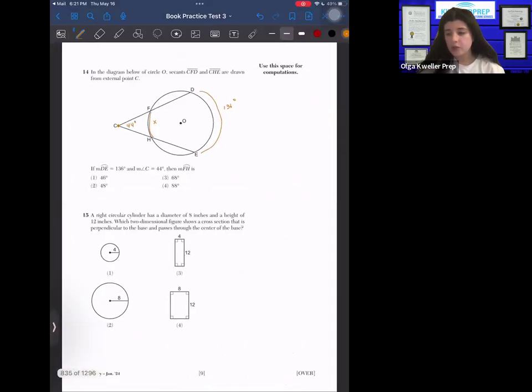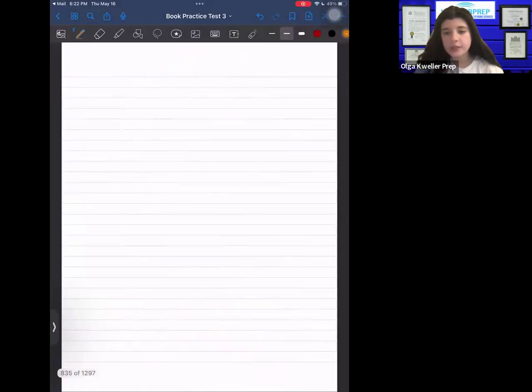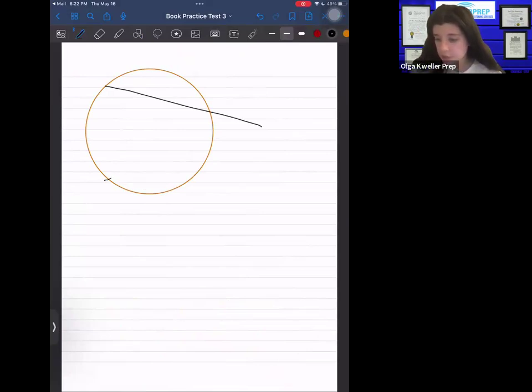Now, getting to this question, the second theorem is that there's a relationship that happens when we have two secants that intersect at the exterior of the circle. So let's draw it out, right? When we have a circle, like in the question that they asked, and we have two secants, these are not tangents, because they're not just meeting the circle in one point. These are secants. They go through the circle in 2 points.